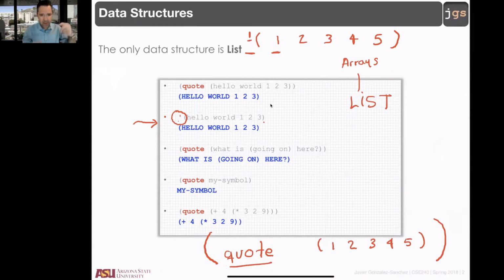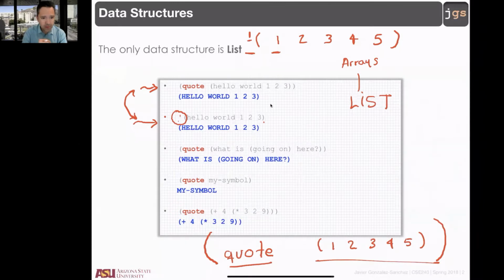Option number two, if you think that the apostrophe is hard to read or you want your program to be easy to read for others, put your data inside of the function quote. The function quote has only one parameter. That parameter is your list, the list that you want to be data. That's it. So my example number one is exactly the same as my example number two.